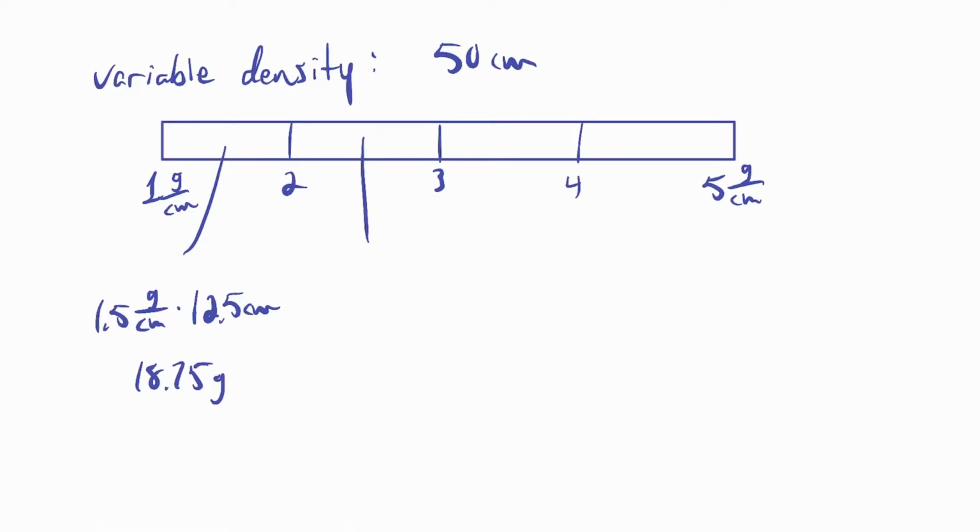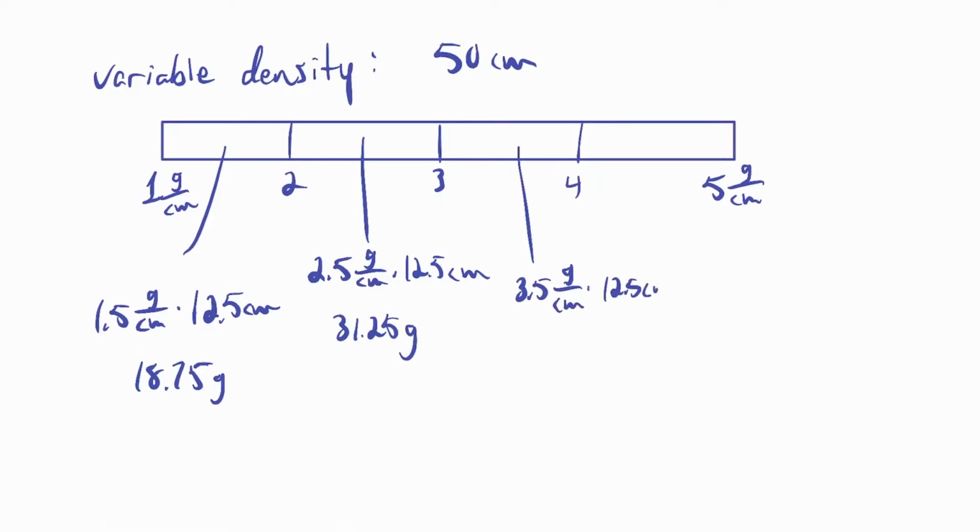And we'd say, well, this section is going to be 2.5 grams per centimeter times 12.5 centimeters. So what is that going to be? Another, was that 31.25, I believe? And then this one's going to be 3.5 grams per centimeter times 12.5 centimeters.